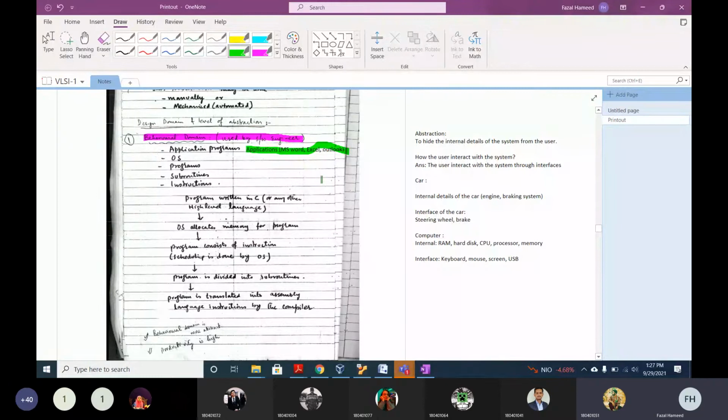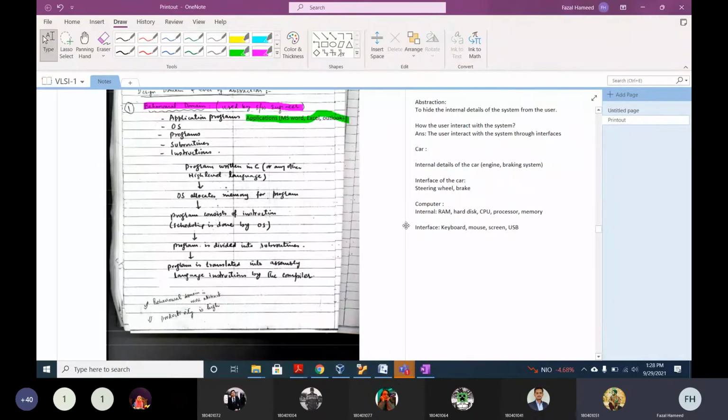What is an operating system? What is the job of the operating system? Sir, interaction. The operating system allocates the memory for the program. So what is the job of the operating system?